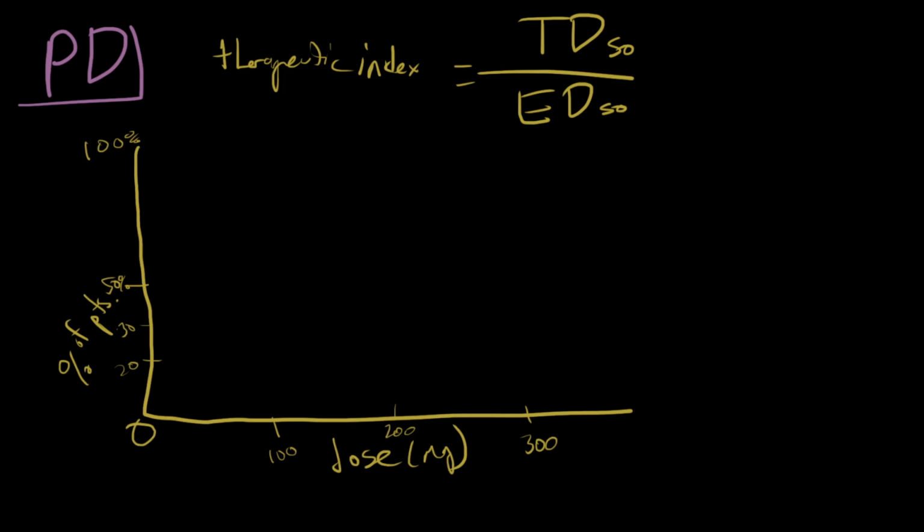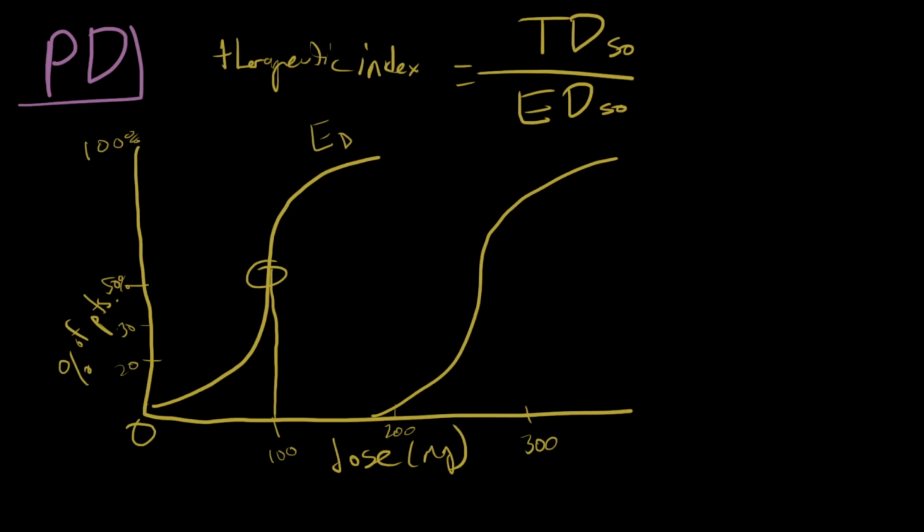So let's say to get the normal effect of a drug, it's something like this, where at 100 milligrams, this is effect, like good effect. At 100 milligrams, 50% of patients will have the desired effect of a drug. Then, let's say your toxic effect of a drug is the toxic dose.